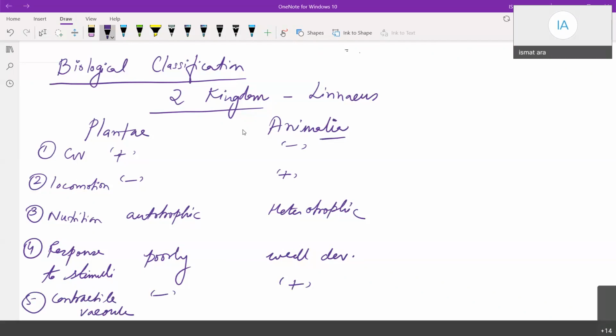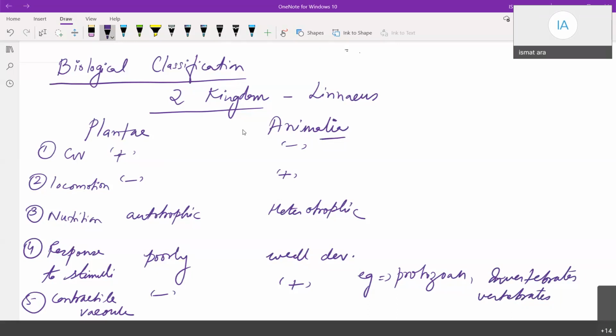Let us take some examples. Examples given by Linnaeus for animals: protozoans, invertebrates, vertebrates.